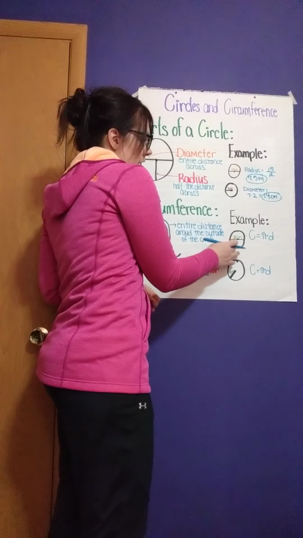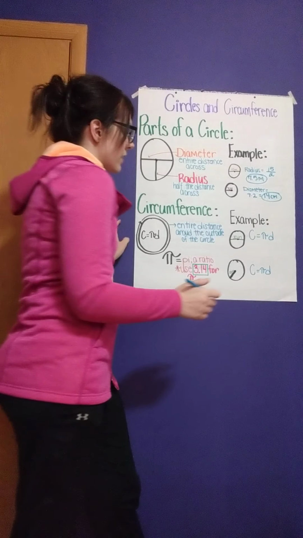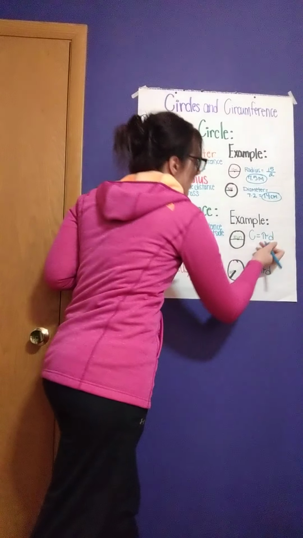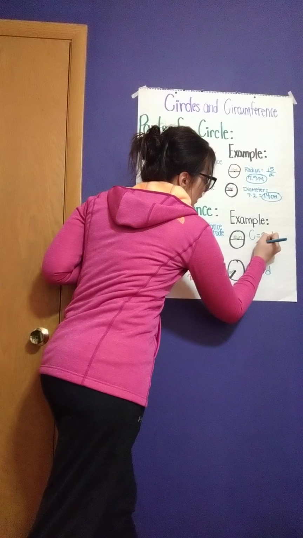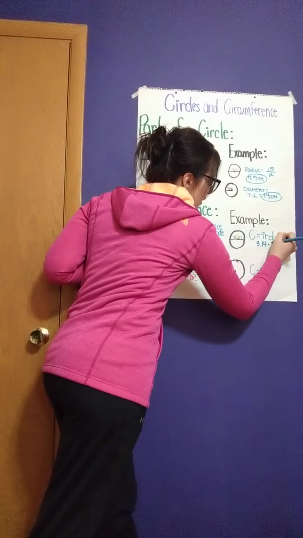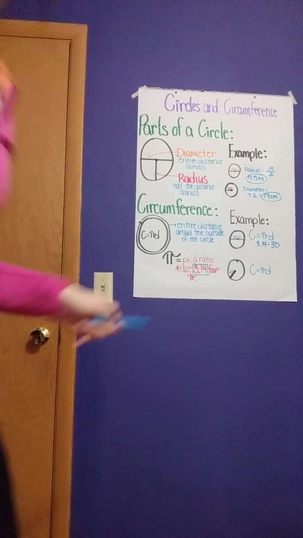So if I look over here, I have the diameter, which is the entire distance across. And so 30 is my diameter, that's the entire distance across. So I plug that in. So I use 3.14 times 30. So I'm going to grab my calculator.